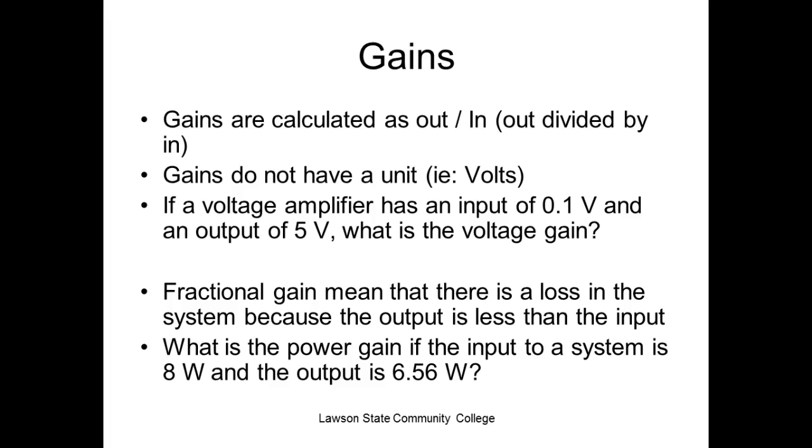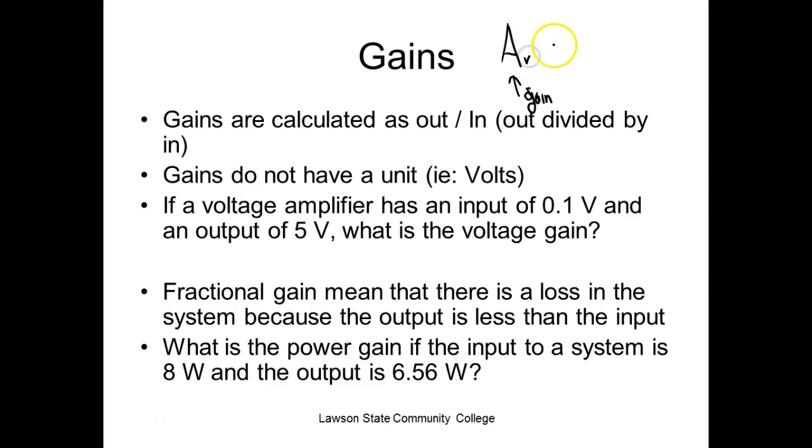Gains are calculated as out over in, period. By the way, in formulas, to represent gain in amplifiers, we use A to indicate gain. And then we're going to put a little subscript.